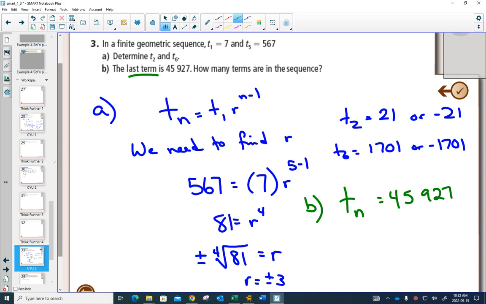How does this work in our formula? Well, now we can say that there's some term that's 45,927. According to the formula, term 1 is 7, r is 3 or negative 3, and then here we would have n minus 1.